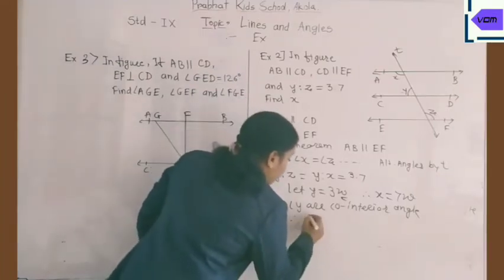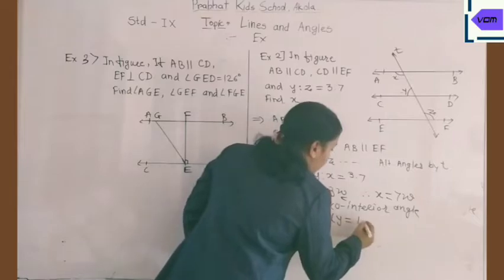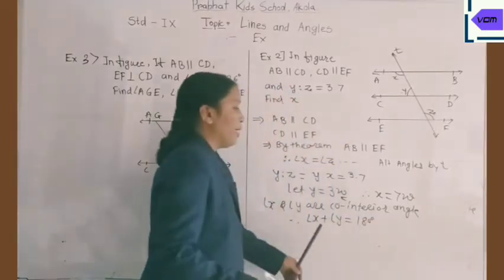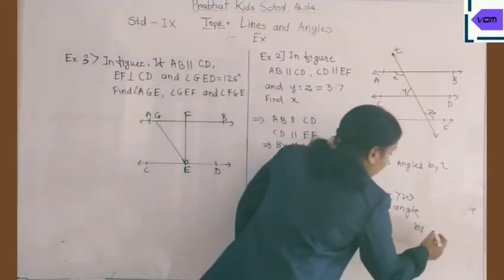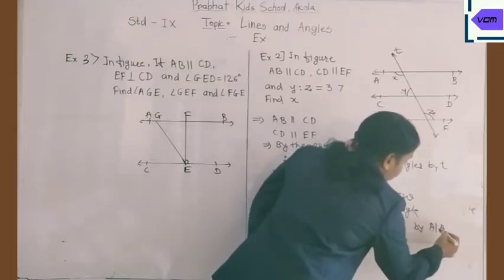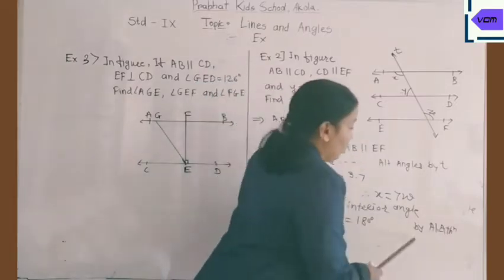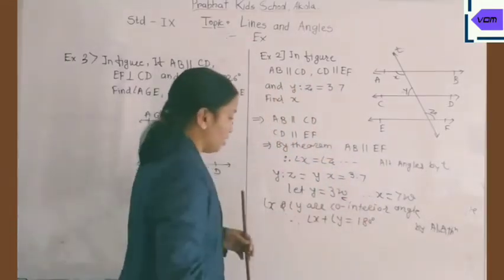Therefore they are supplementary, meaning angle X plus angle Y is equal to 180 degrees by the theorem. You should write the reason in a proper way. Don't write like this, you have to write in complete sentences.